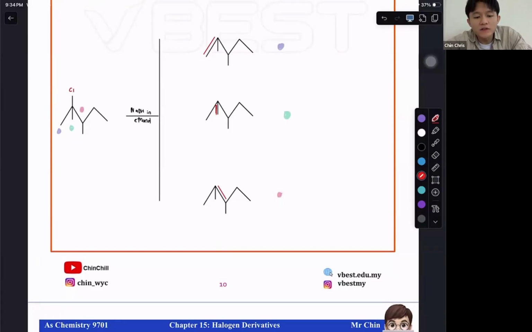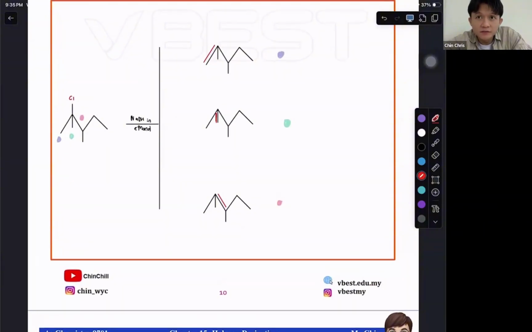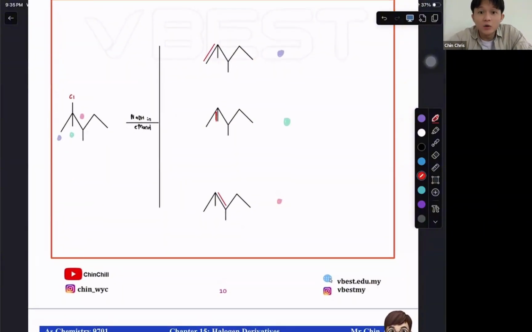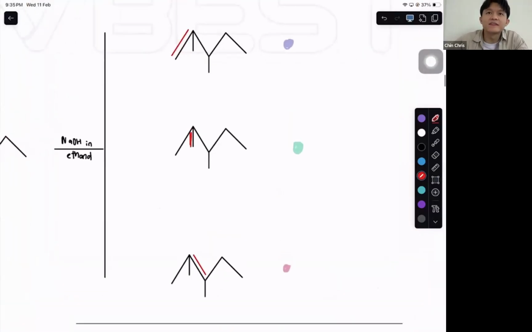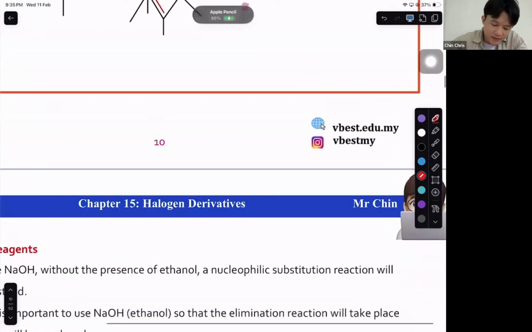What you have to tell me is which double bond is exhibiting cis trans. So what we are looking for is cis trans, my friend. The answer is none. None of them have a cis trans.